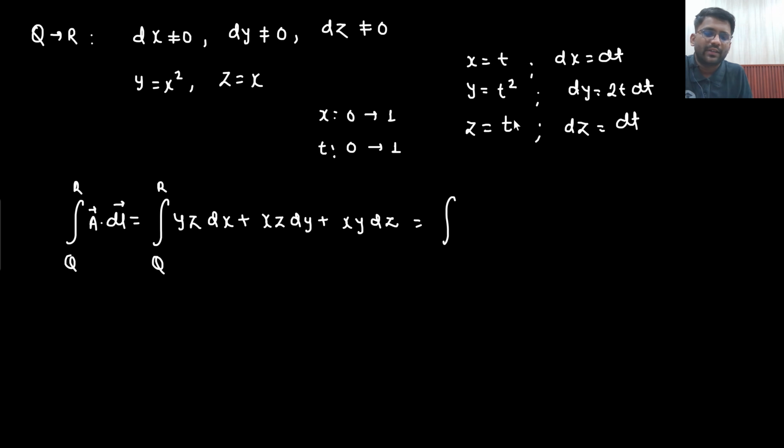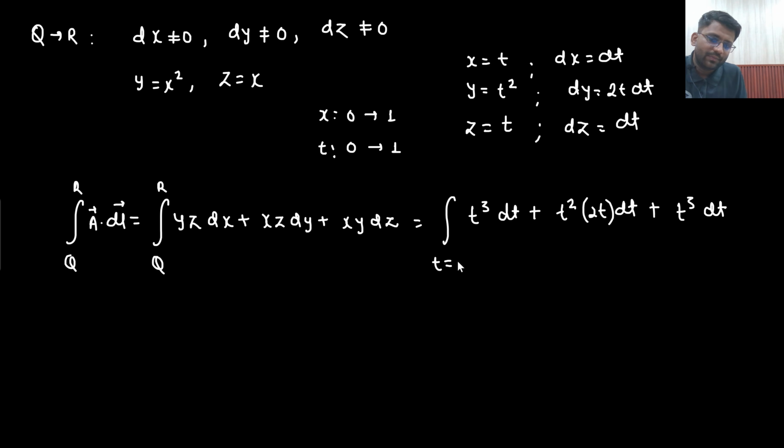So y into z will become t cube dt, plus x into z, which is t square, dot dy, which is 2t dt. So it will become 2t dt, plus x into y, that will be t cube dt, with t going from 0 to 1. So t cube, 2t cube and t cube will become 4t cube. T going from 0 to 1, 4t cube dt.